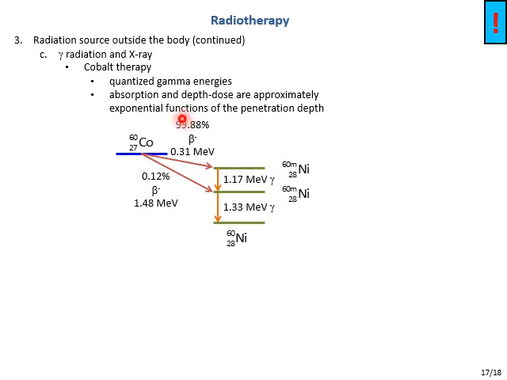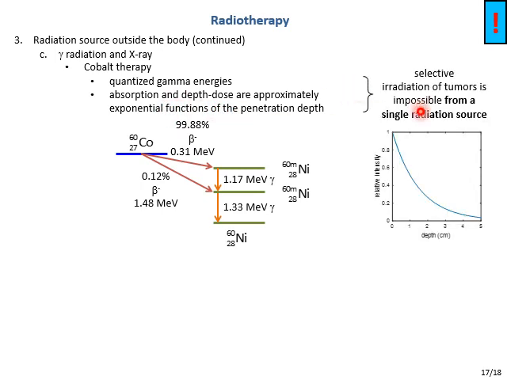You must know about gamma radiation that it is absorbed according to an exponential absorption law, which has deleterious consequences for how it can be used for treating tumors.